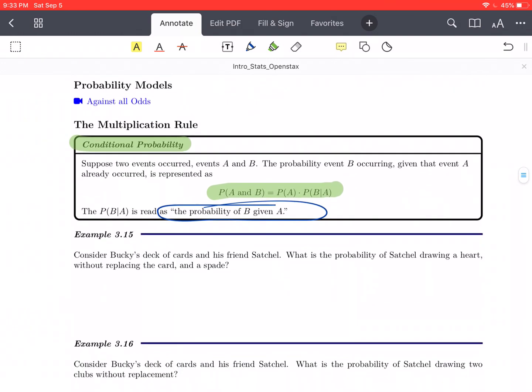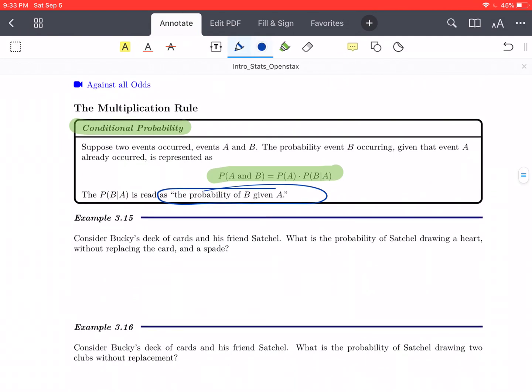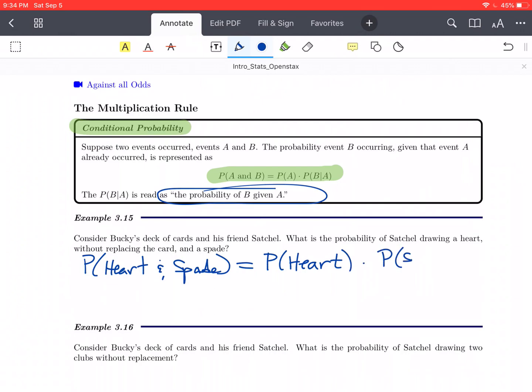So let's go back to Bucky's deck of cards and his friend Satchel. What is the probability of Satchel drawing a heart without replacing the card and a spade? Well, to get a heart and a spade, that's going to be the probability of getting a heart times the probability of getting a spade given that he already got a heart.